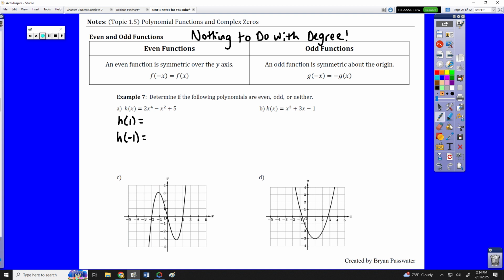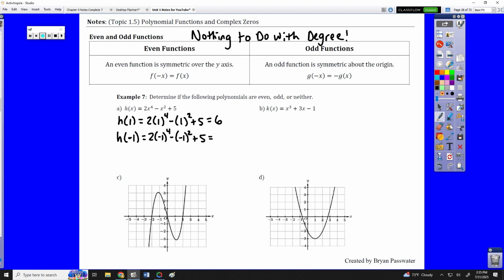So we plug in 1: 2 times 1 to the 4th minus 1 squared plus 5. That is 2 minus 1 plus 5, which would be 6. Then we do the same thing for negative 1: 2 times negative 1 to the 4th minus negative 1 squared plus 5.